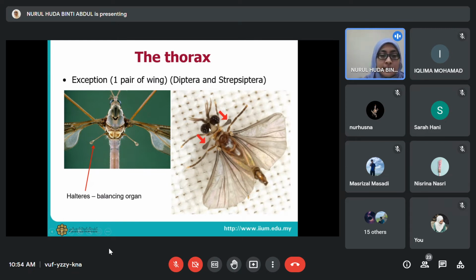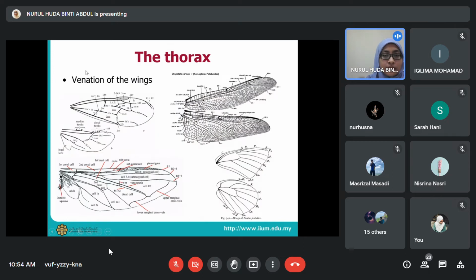Cumanya function dia sama as a balancing organ, but only in the forewing area. Okay, the hind wing, they still have a hind wing which is membranous. Okay, here I show you the different venation of the wing. You don't have to remember what is the costal cell whatsoever here. It's not very important. It's just that you have to understand that different shapes of wing also represent different groups of insects. Okay.